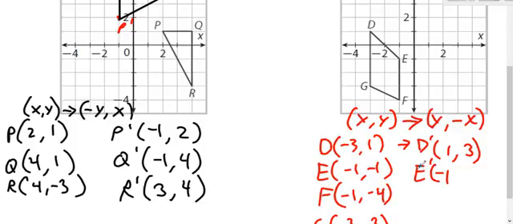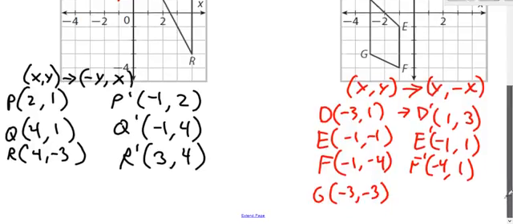Negative 1 goes first, and change the sign to a positive 1. Negative 4 goes first, change the sign to a positive 1. And now the negative 3 goes first, change the sign to a positive 3.